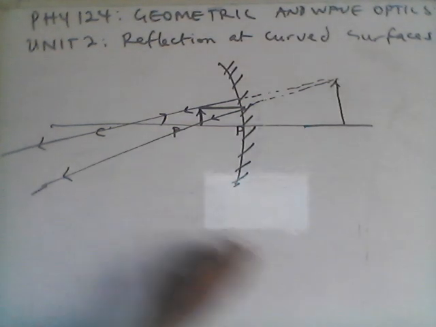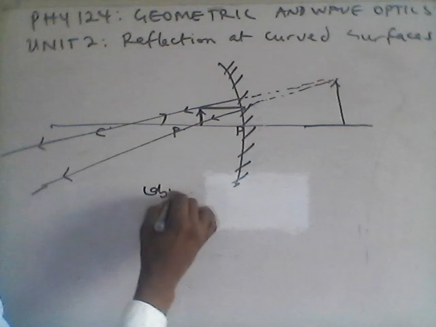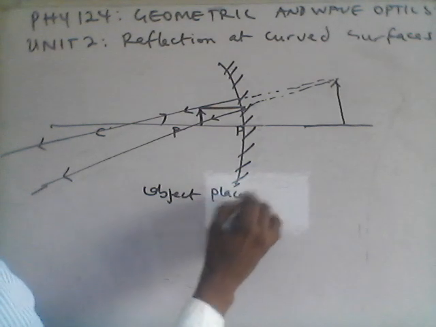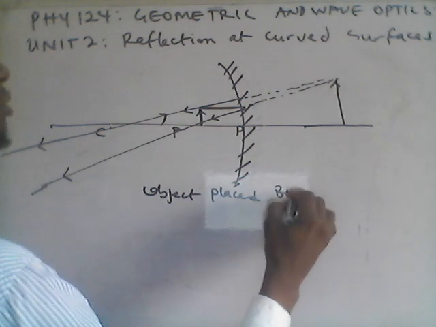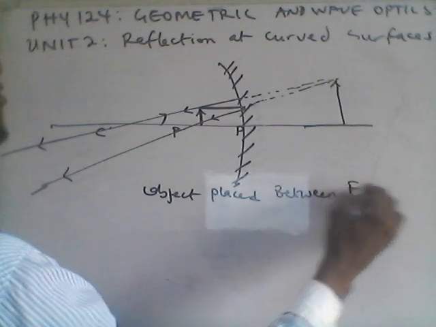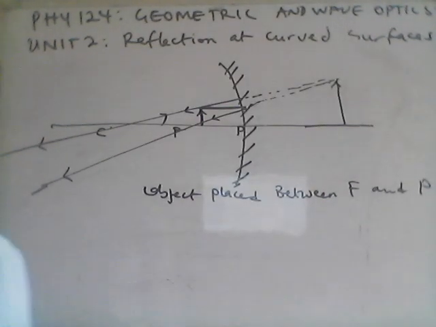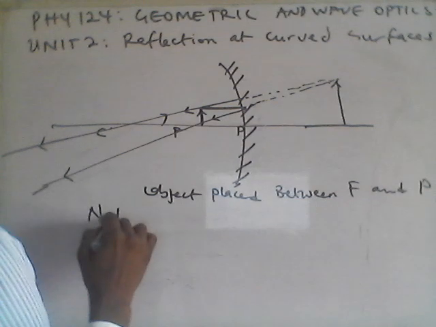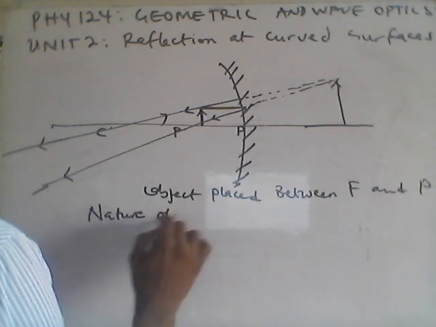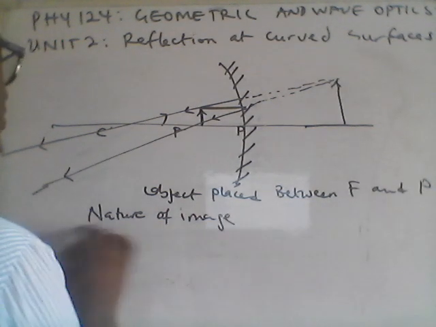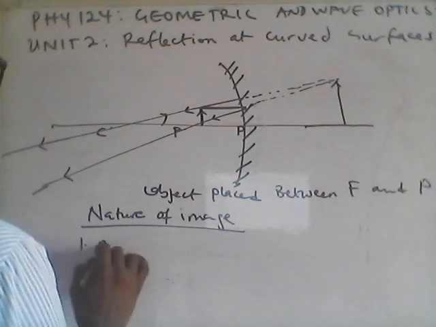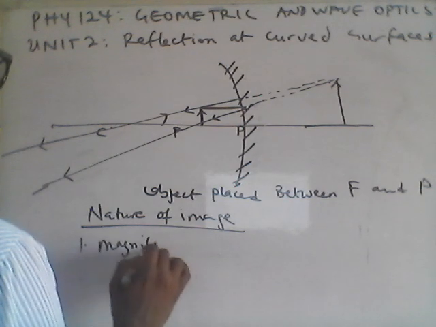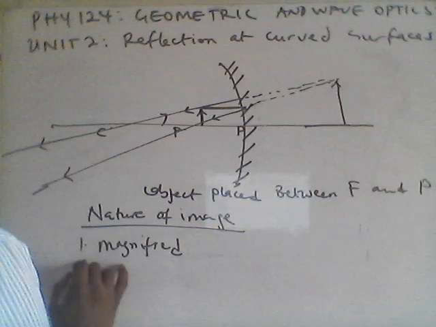So this configuration is what? Object placed between F and P. So the image is formed behind the mirror. What is the nature of the image formed behind the mirror? Number one, it is magnified, bigger than the object. Number two, it is upright.